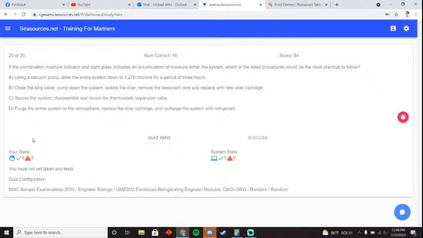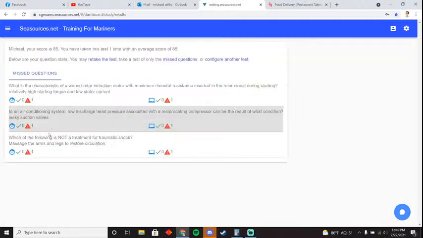If the combination moisture indicator and sight glass indicates an accumulation of moisture within the system, which of the listed procedures applies? Okay, so close the king valve, pump down the system, isolate the dryer, and remove the desiccant core and replace with a new dryer cartridge. That is correct.